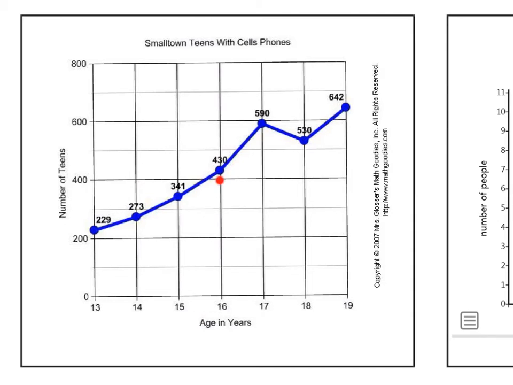We see that there's 430 16-year-olds in this town that own a phone. The number of 14-year-olds that own a phone is 273. 18 is 530. So here we have our independent variable, the years, compared to our dependent variable, the number of teens who own a cell phone. Notice that our title describes what our graph is showing.